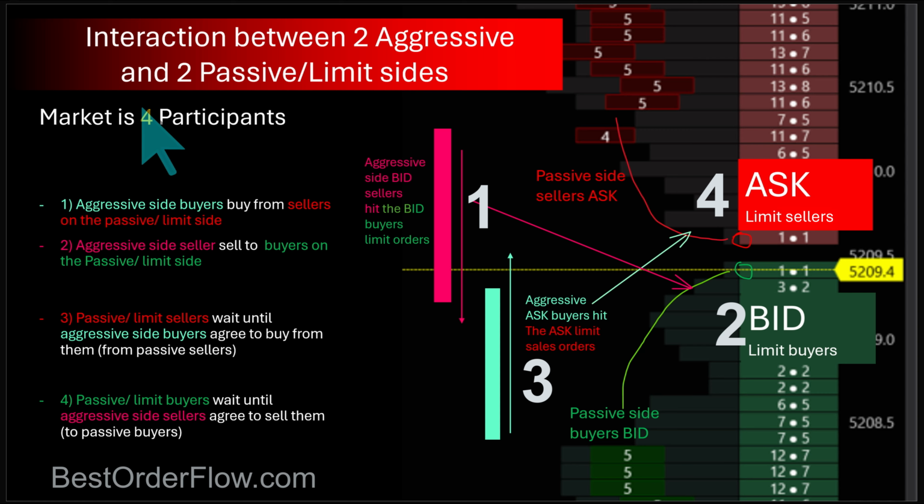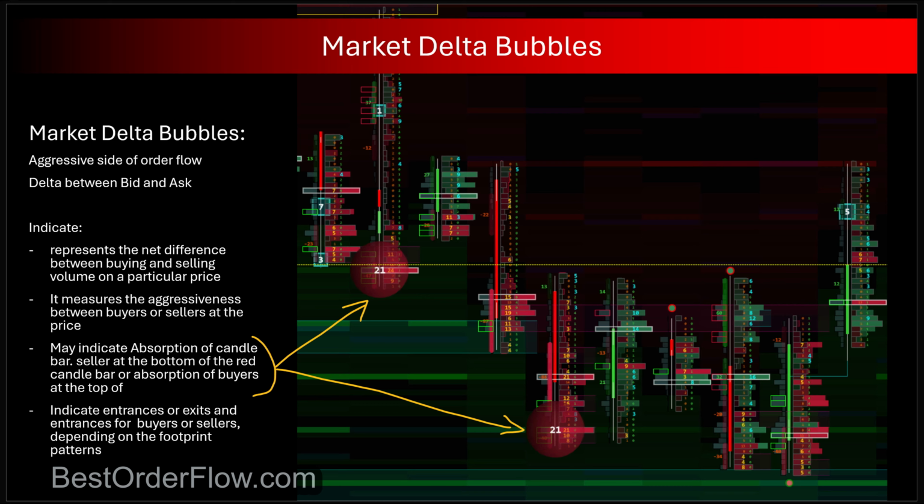And that is the main huge difference between any price action paradigm, thinking, mentality, because they are always talking about the liquidity on top of this candle or below this candle. Dude, liquidity is sitting only on level 2, not on level 1. Before we go on the DOM, I'm going to explain market delta bubbles.